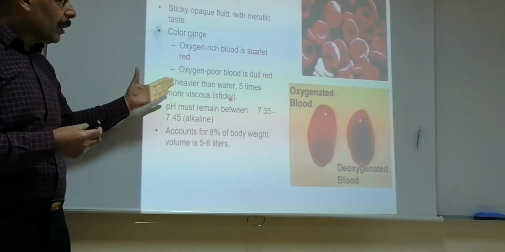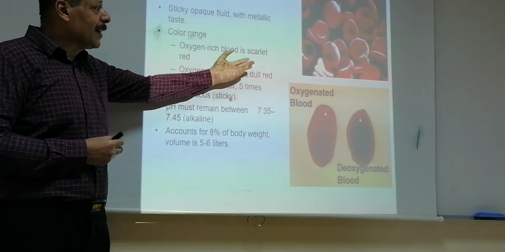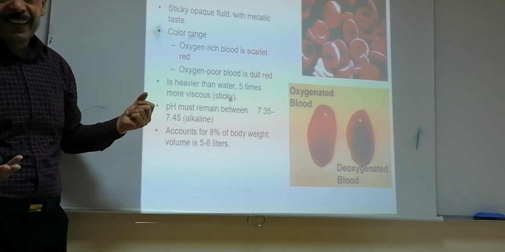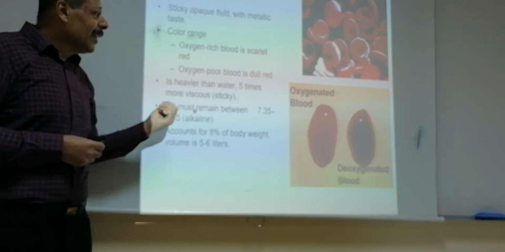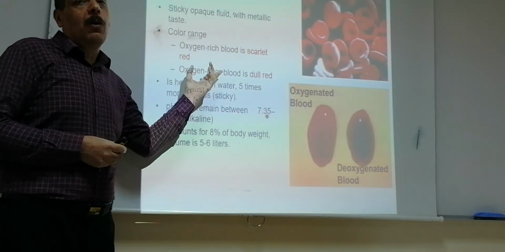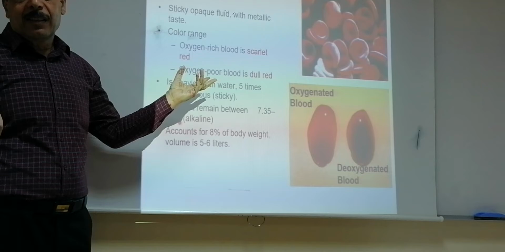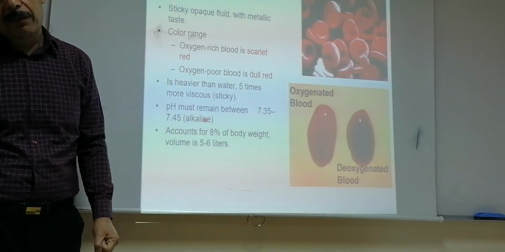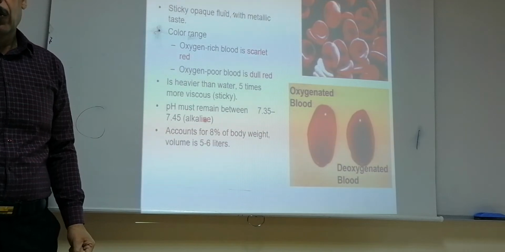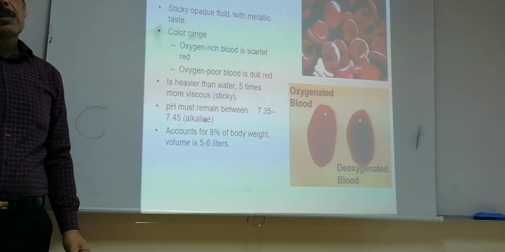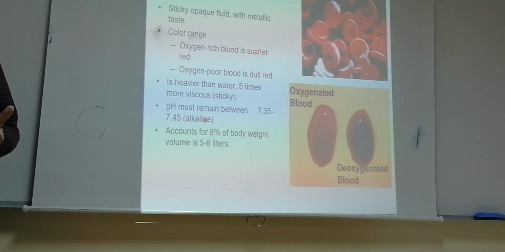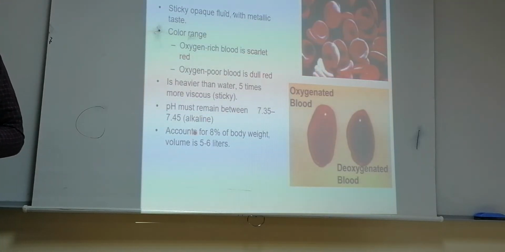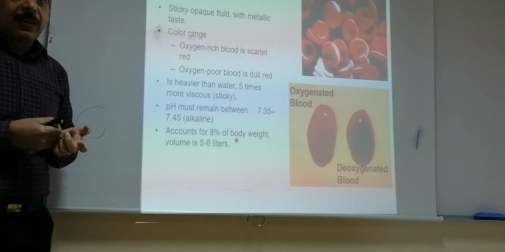So oxygen-rich blood is scarlet red, bright red in color, but when it is carrying carbon dioxide, it will be dull red. So the redness will be dull, or to some extent dark. So this is the difference.